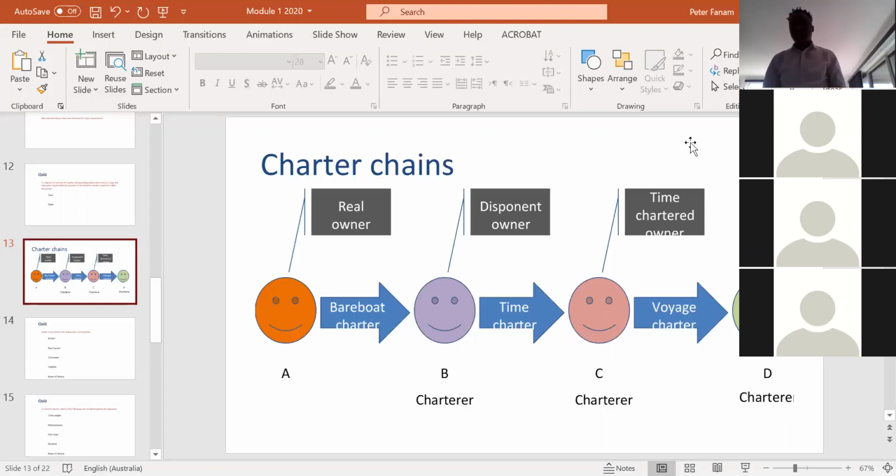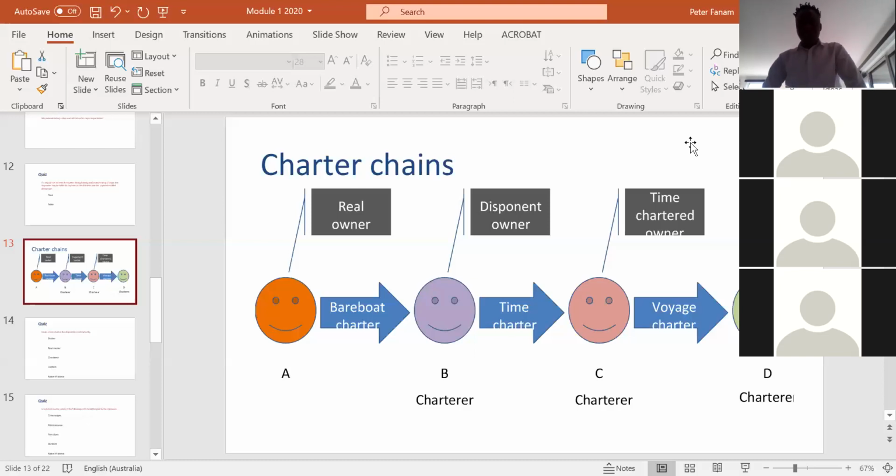Now C, who hired the vessel under the time charter, might not have a cargo either, so he goes out looking for people who have cargo, or charterers, to charter the vessel under a voyage charter. It can also be the cargo owners chartering the vessel under a voyage charter.